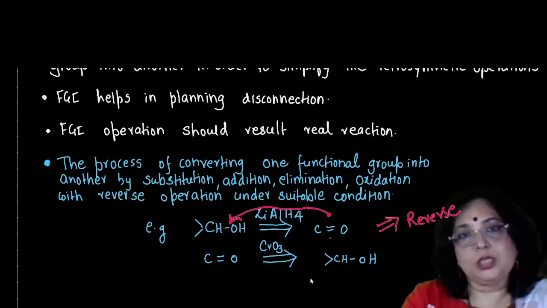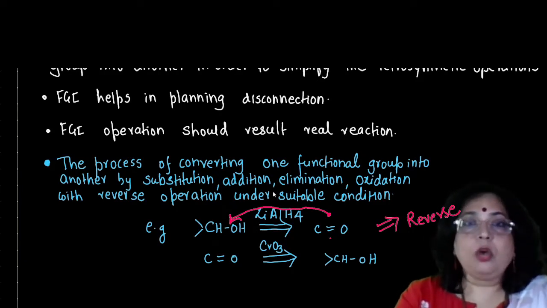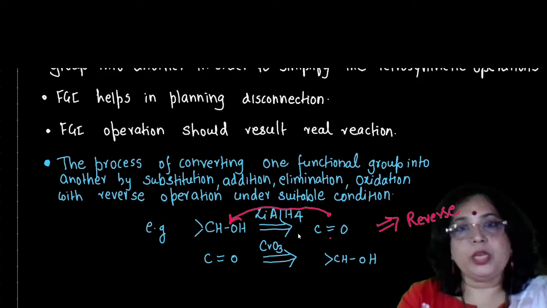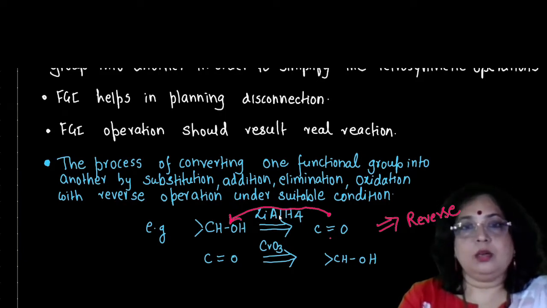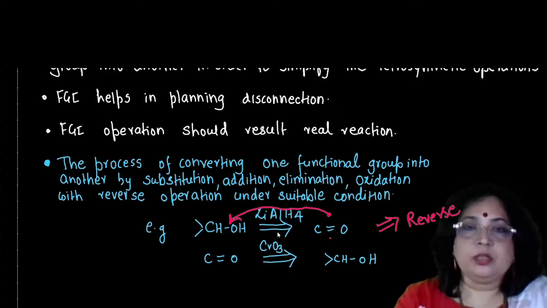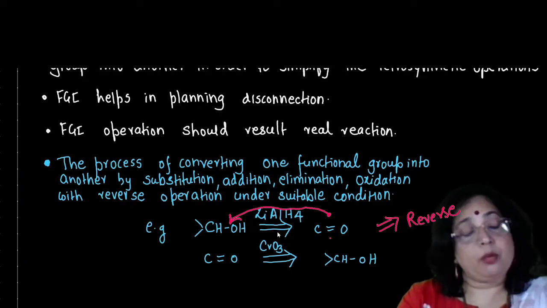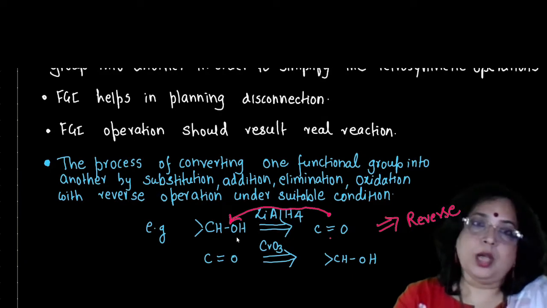We can add those reagents and put in some reaction conditions, also called suitable reaction conditions. The operation is only possible when you apply suitable reaction conditions. What is the meaning of suitable conditions? You have to apply the proper reagent, proper temperature, proper parameters, so that you can convert one functional group into another functional group.